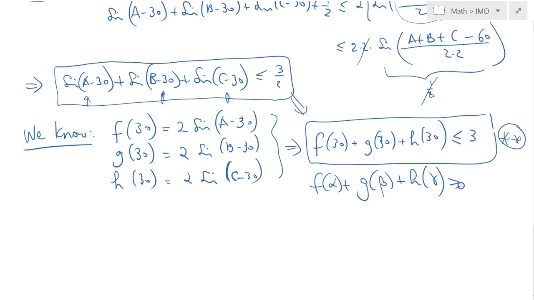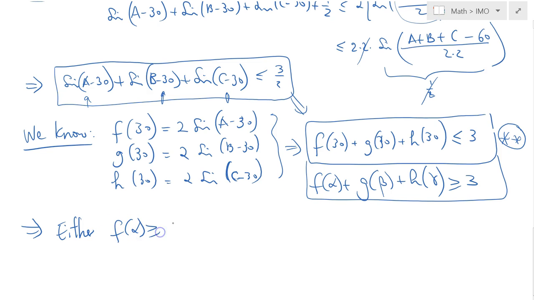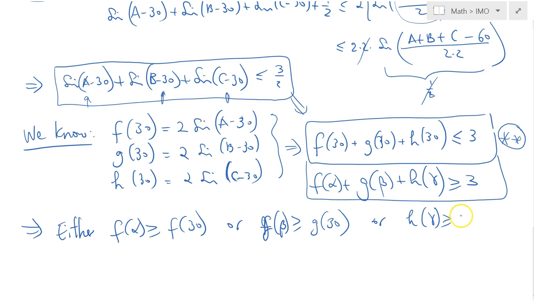So this is greater than or equal to 3. Combining these two results, this implies that either f of alpha is greater than or equal to f of 30, or g of beta is greater than or equal to g of 30 degrees, or h of gamma is greater than or equal to h of 30 degrees.